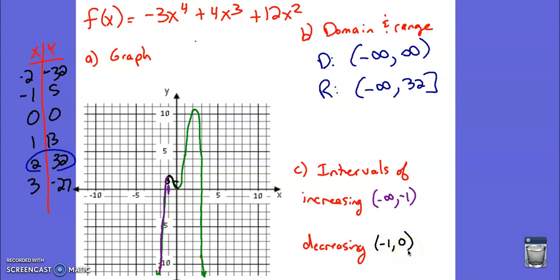And then all of a sudden it increases from 0 all the way up to where X is 2. So it starts increasing again from 0 to 2. And then all of a sudden it starts to decrease from 2, and it keeps decreasing.